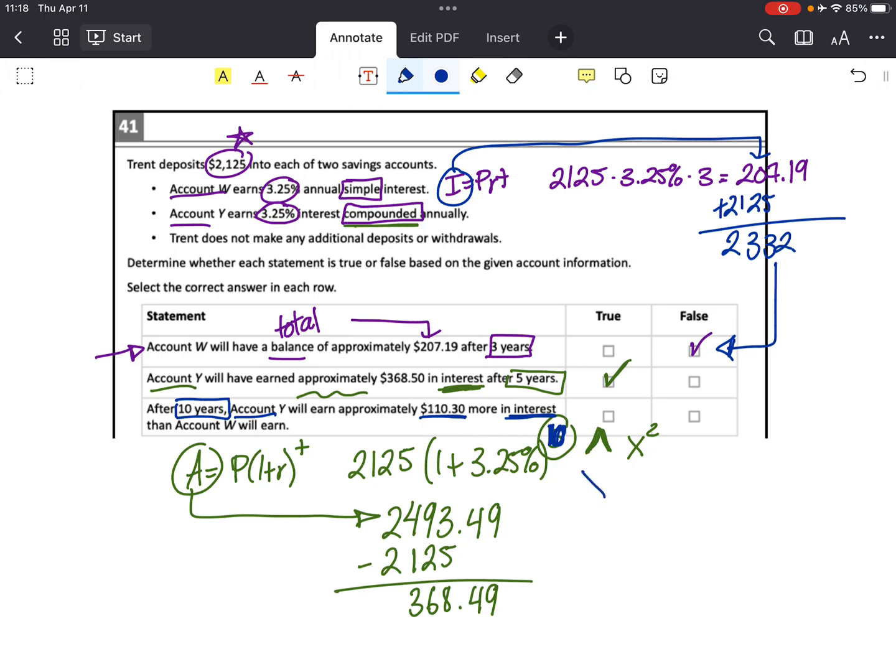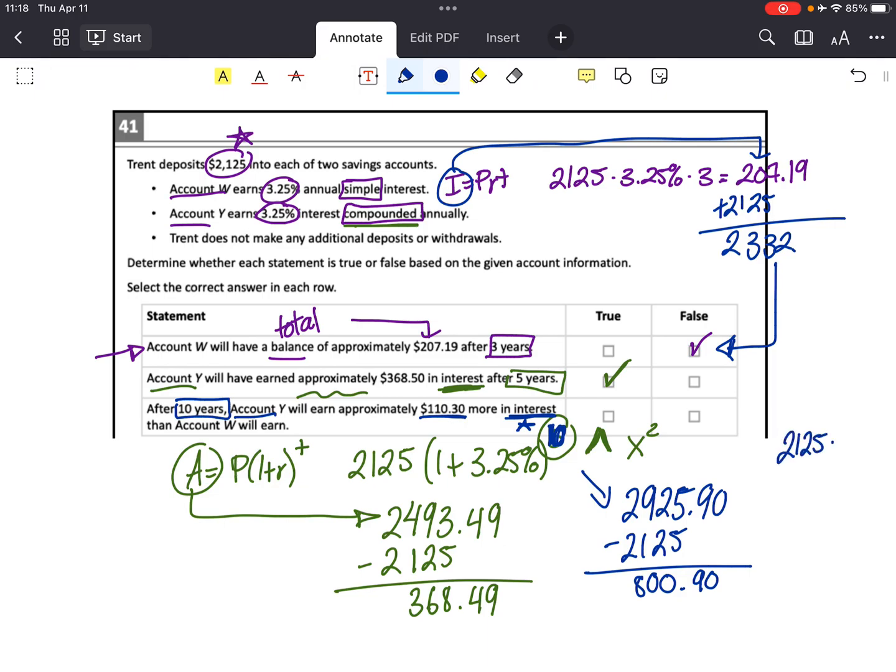When I do that, I get an answer of $2,925.90. The question said interest, so I do need to subtract my initial balance. And that leaves me with an answer of $800.90.